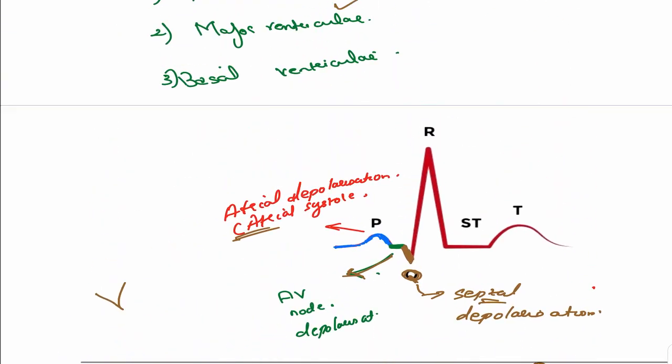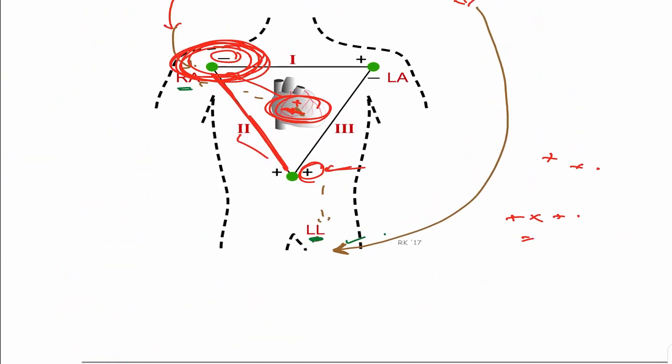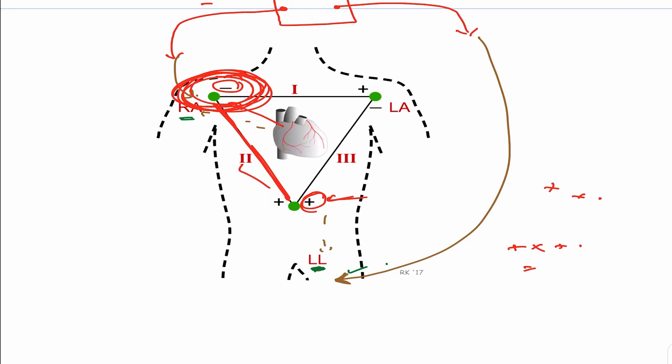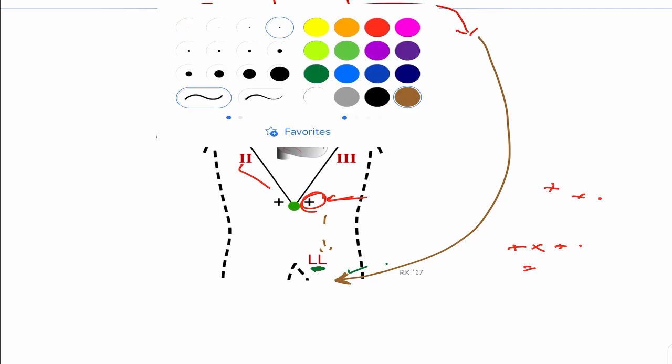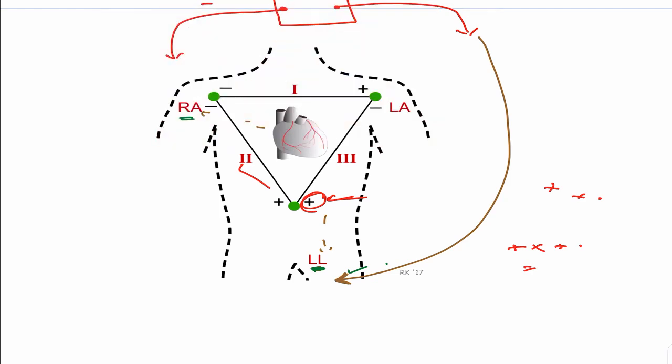Now let us come back to our same image of ECG and see what is happening. You've understood the deflections. This ventricular depolarization in this direction is again depolarization, so positive charge, and positive charge is coming towards the positive terminal, because it's coming down. So positive towards positive is a positive deflection.